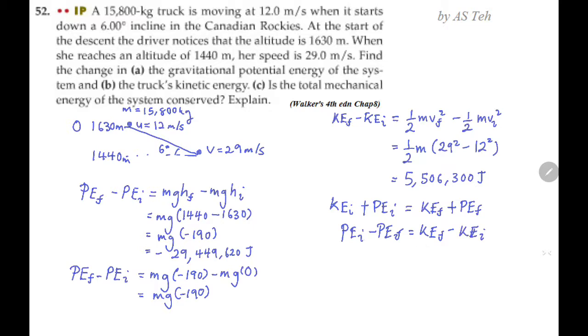So based on this equation alone, you can see that if it's an ideal situation, by right the total change in potential energy would contribute to the increase in the kinetic energy. But in this case that we've calculated out, it does not show that. So therefore, the total mechanical energy of the system is not conserved.